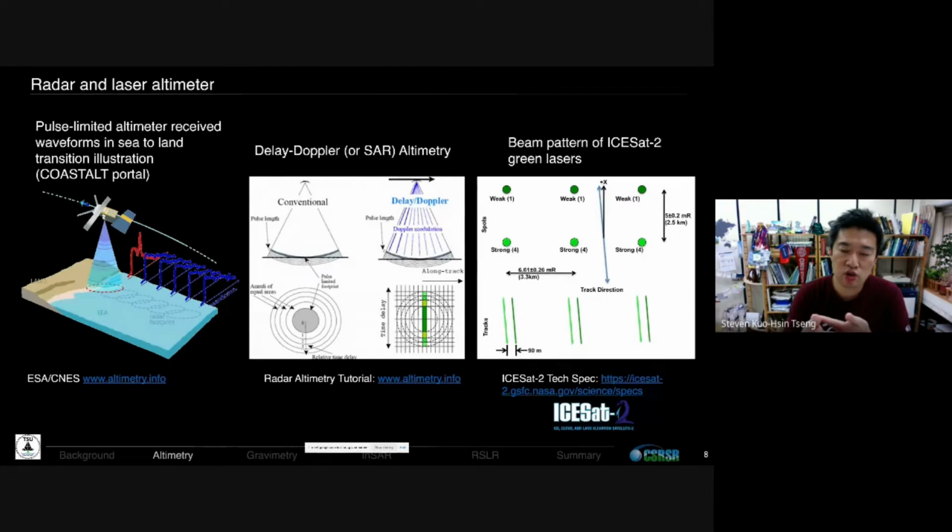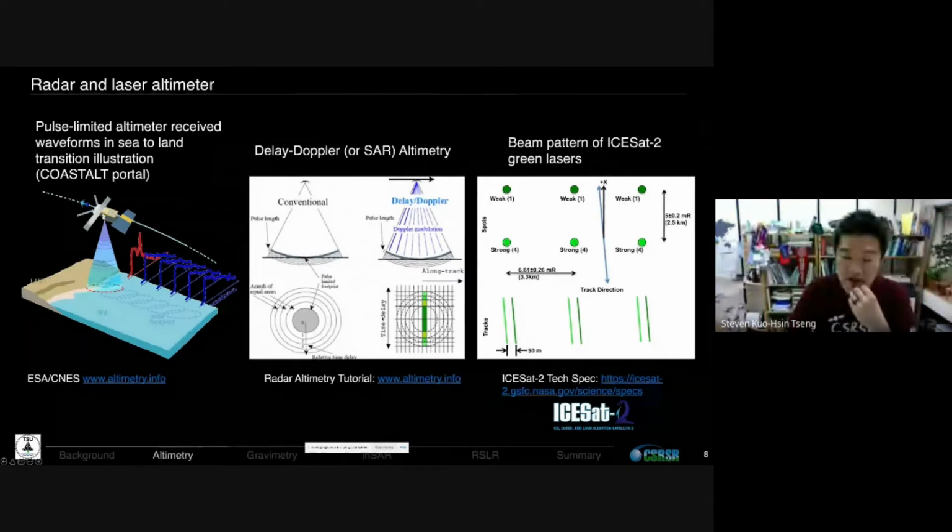They can also use the Doppler effect, because this is the along-track direction, and the satellite is flying very fast, 7.5 kilometers per second. So once it is moving away, the signal bounces back from behind and the frequency of the signal will become lower. And when the signal comes from the front, the frequency will become higher, because there's a relative speed between the bounced signal and the satellite antenna.